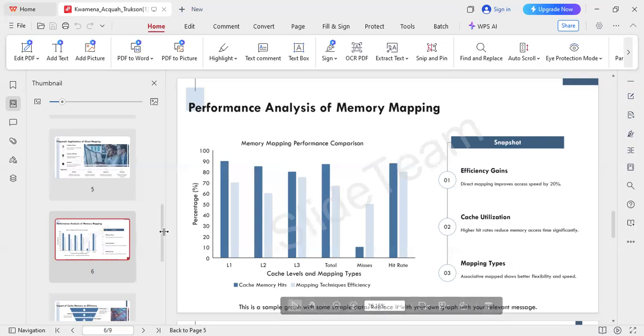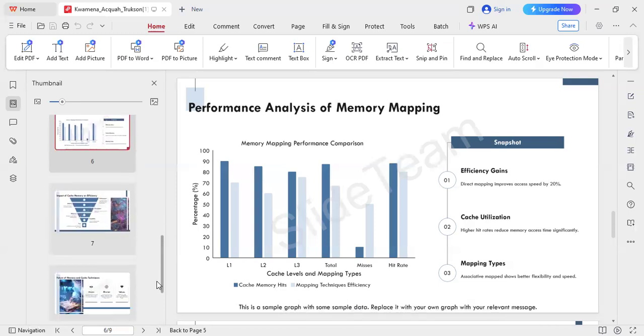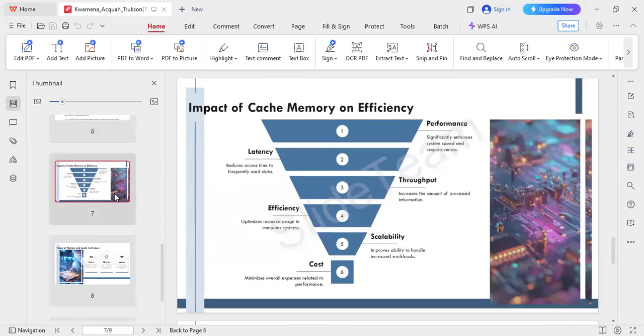Moving on to my next slide. Impact of cache memory on efficiency. Number one, we have performance.